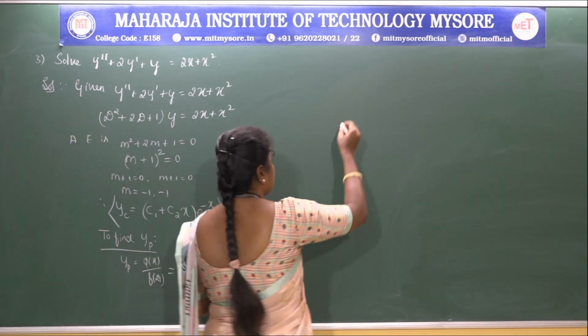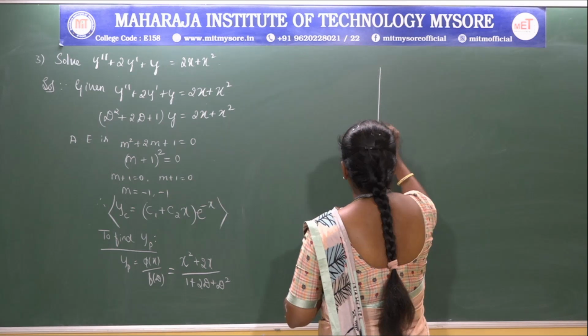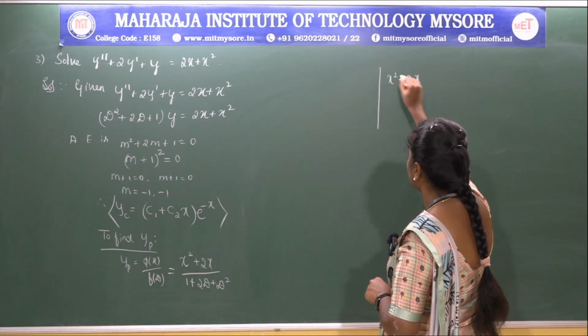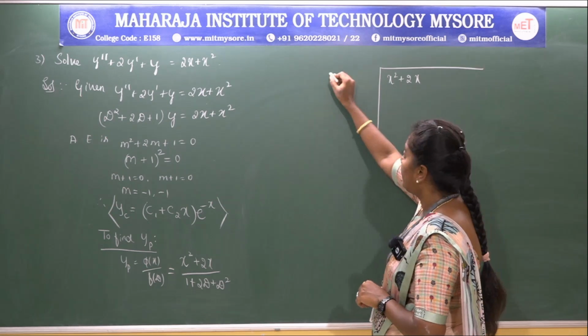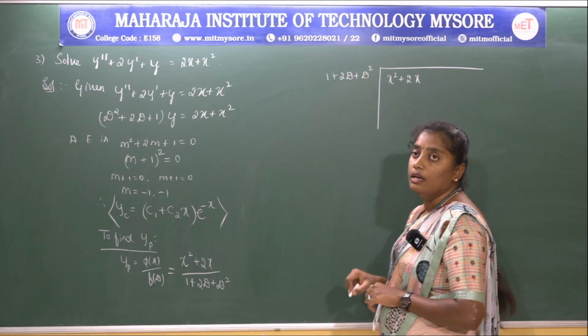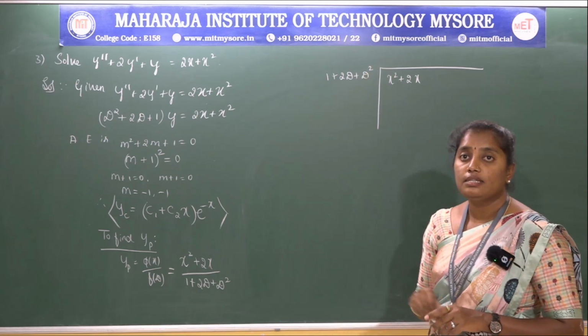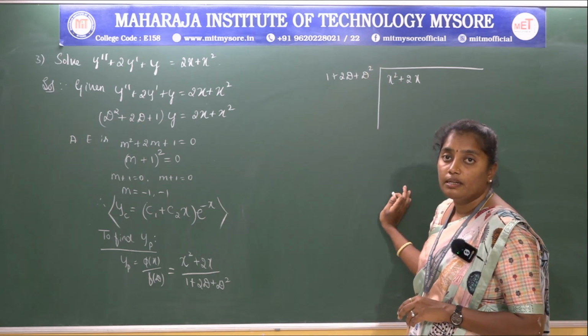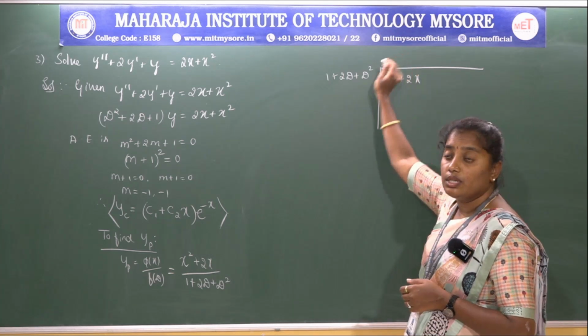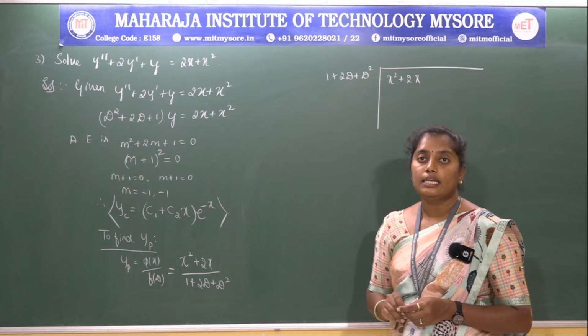So let us divide. We have x square plus 2x divided by 1 plus 2d plus d square. We have to divide these two until we get a 0 remainder.